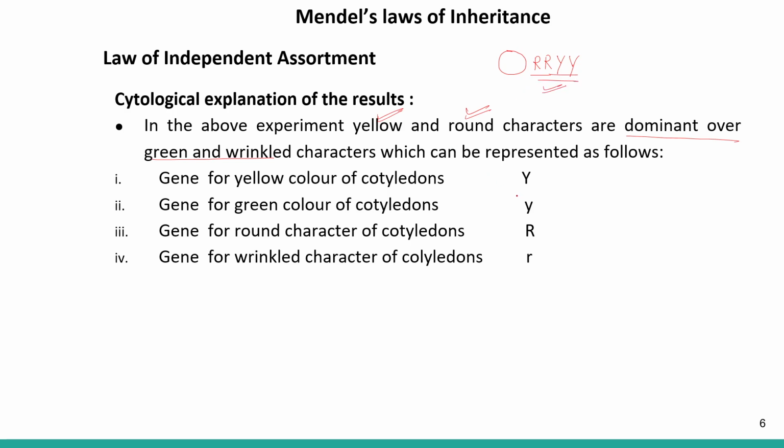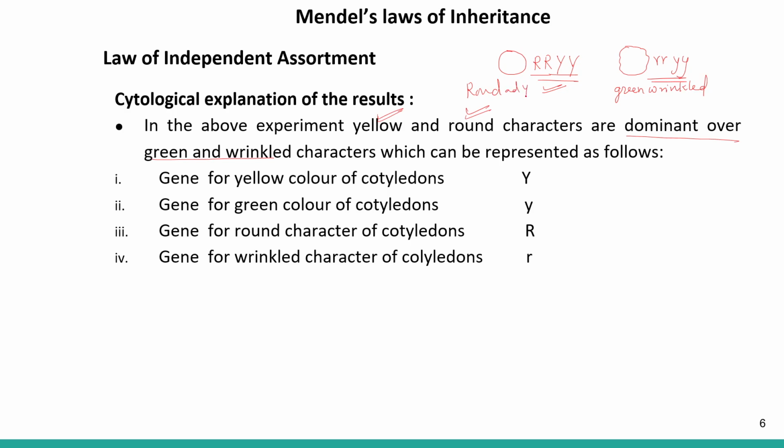The green and wrinkled: green cotyledons are represented by small y, and wrinkled by small r. So that will be the green and wrinkled, and this will be round and yellow.